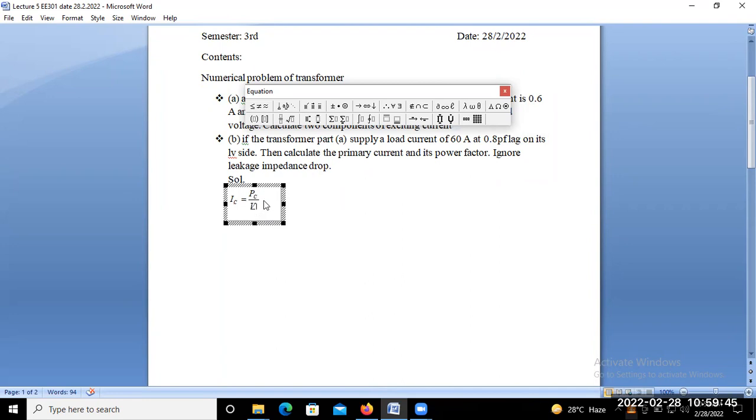What is the value of core loss? 361 divided by 2200. Let's solve it and tell me the value. How much? 0.164. Yes, sir, 0.164 ampere. Okay.